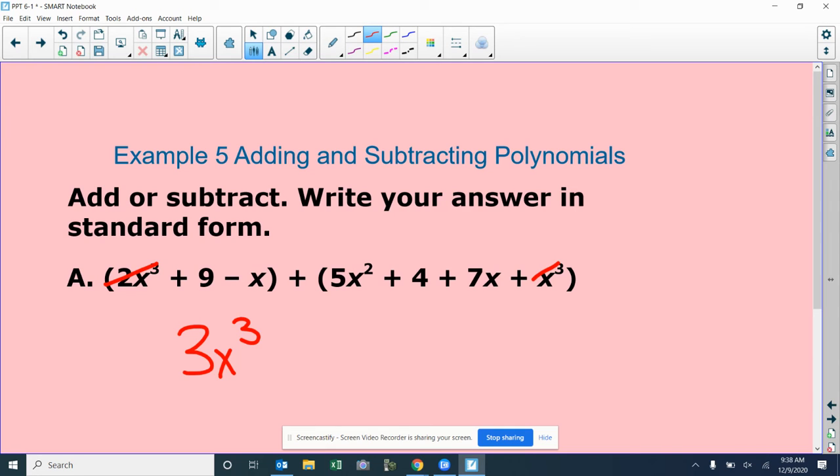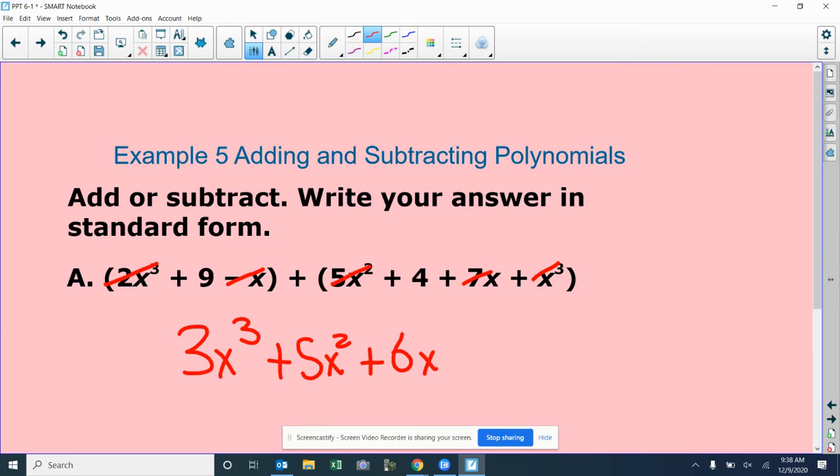Now, personally, when I have them all written out, I know I've done those already. So I have x to the third. Now I'm going to look for the next power, which would be x squared. I got one of them and only one of them. Now I'm looking for my single x's, or my degree of 1. I have a negative 1 and a positive 7, so that's going to give me positive 6 of those.